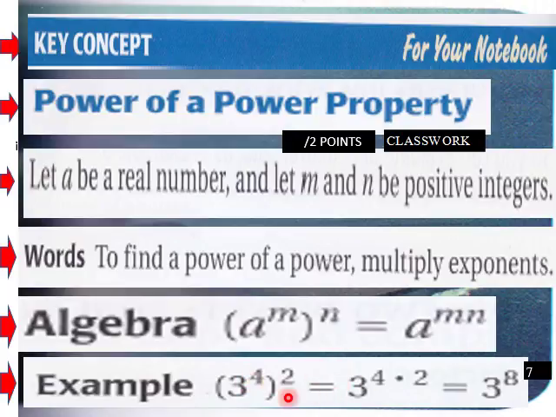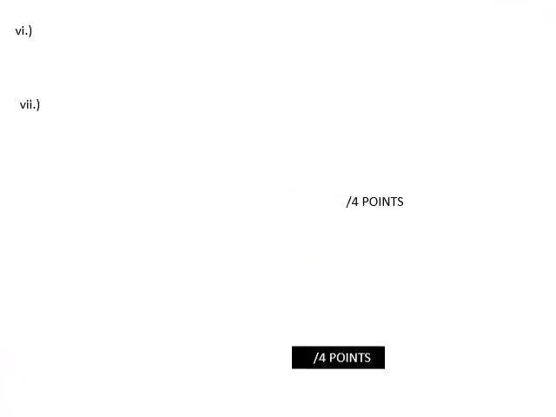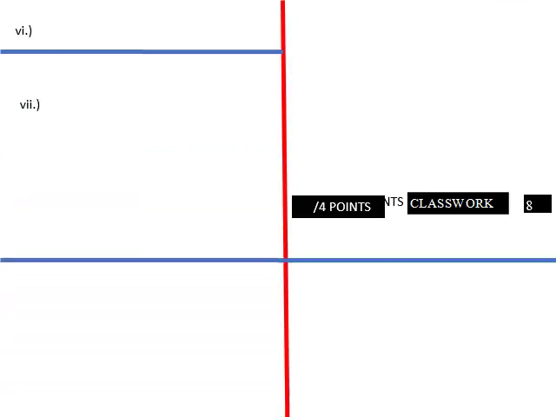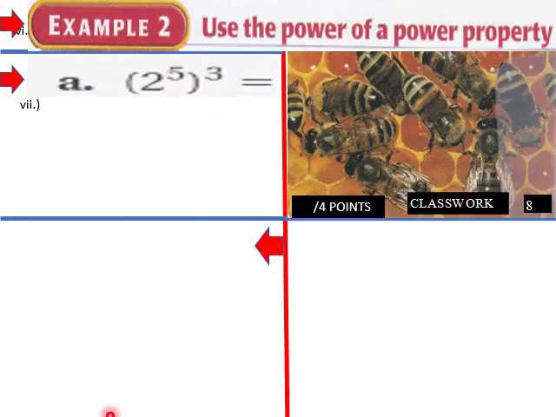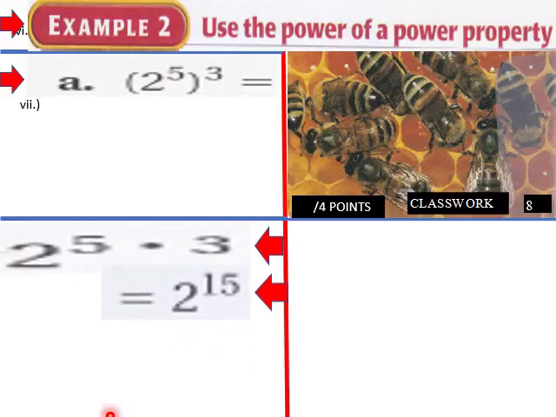Example here, 3 to the 4th squared is 3 to the 8th. Use the power of a power property here. A is 2 to the 5th cubed. What would that be, class? 2 to the 5th cubed is 2 to the 15th.